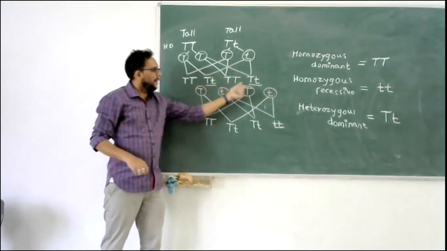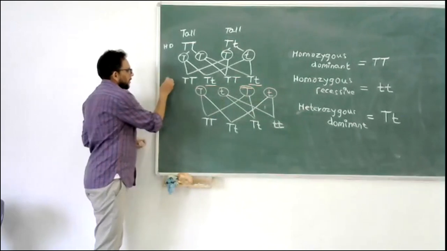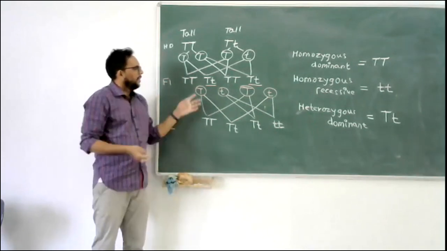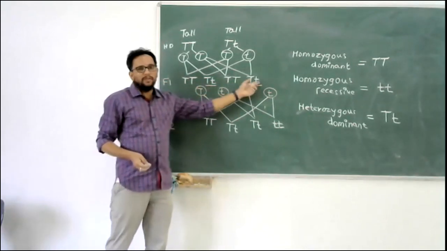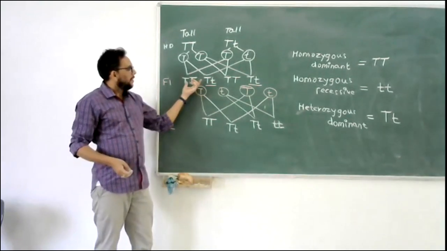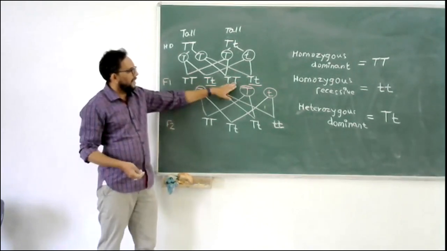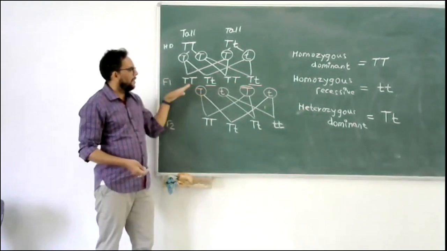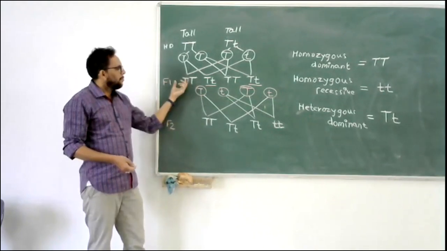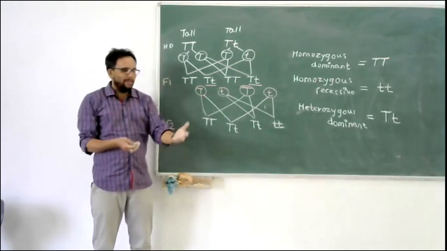Now, if we try to cross between these, the F1 generation, this was the F1 generation. This is the F2 generation, whatever we have got here. Depending on which individuals we are crossing, we will always have the same ratio. Now, if we are crossing these two individuals, capital T and capital T, the homozygous dominant and the homozygous dominant, all the offspring will be homozygous dominant, because both the parents in this case will always give the dominant allele to the next generation.